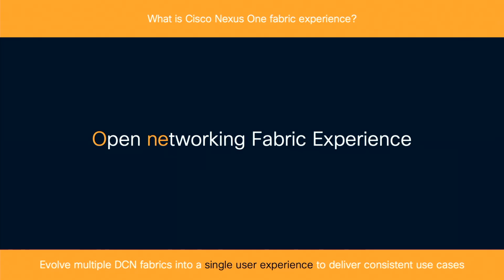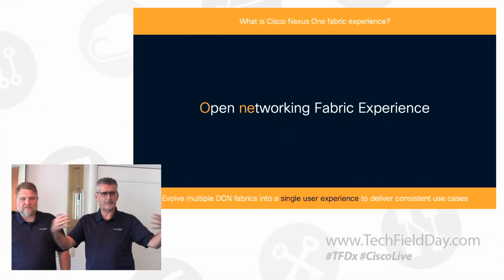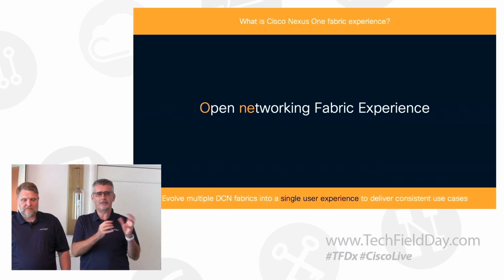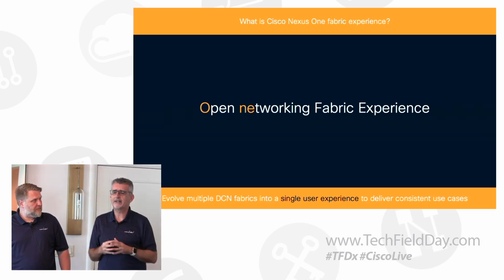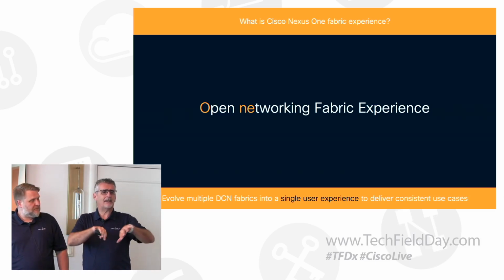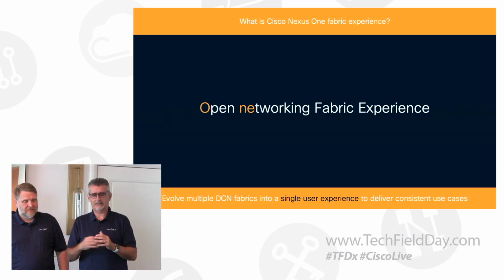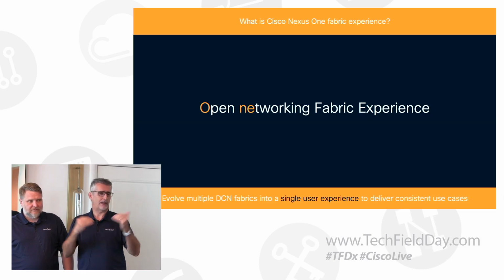So if I have an ACI fabric and a VXLAN EVPN fabric, I want to interconnect them and extend layer 2 and layer 3 connectivity between them. I don't need to worry that there are two different flavors that may work slightly differently inside the fabric, even if, as you know, VXLAN is what we use in both flavors to build the overlay. There are some differences, but they are hidden by the One Fabric experience.